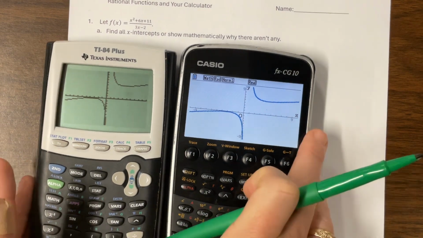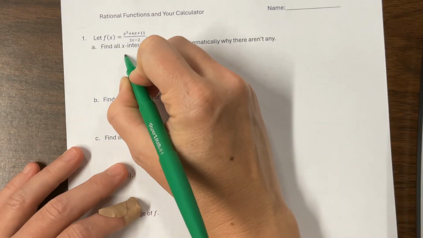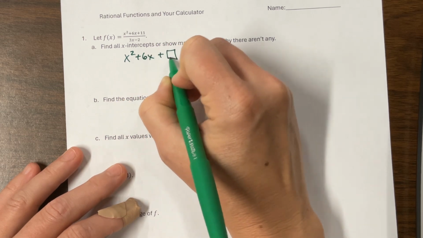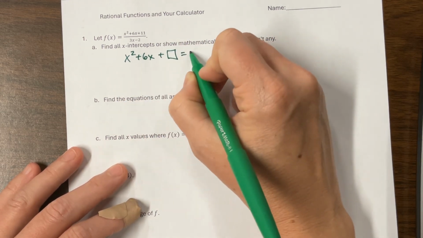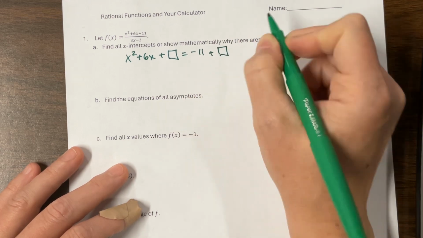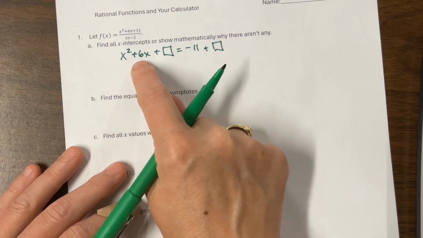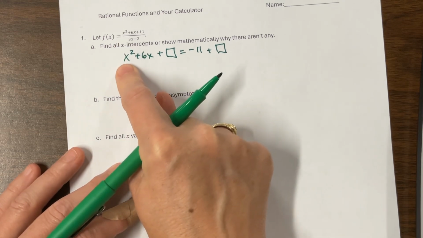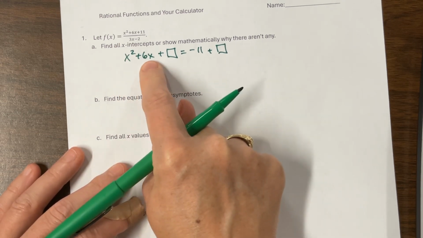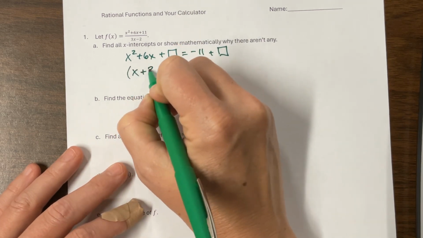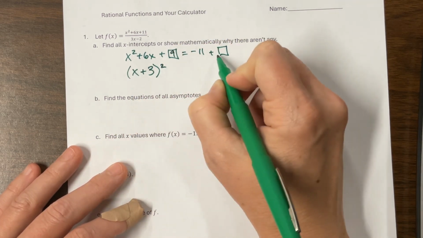Let's look at why there was no zero. If I take the x squared plus 6x and set it equal to 0, I'm going to subtract 11, which saves a step. I'm going to complete the square because my x squared has a coefficient of 1, and my x term has an even coefficient, which makes completing the square, in my opinion, ridiculously easy.